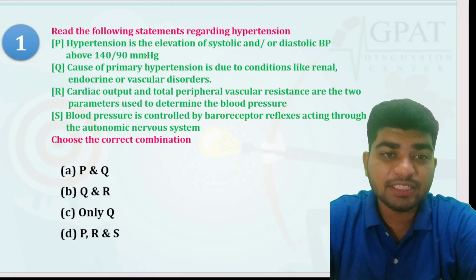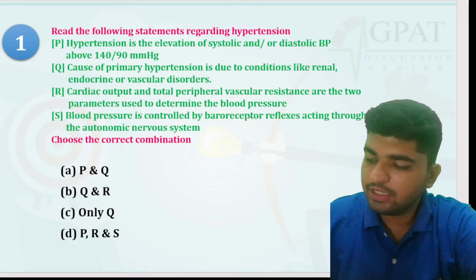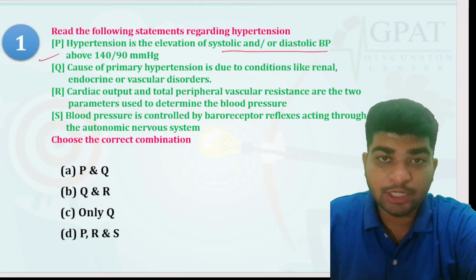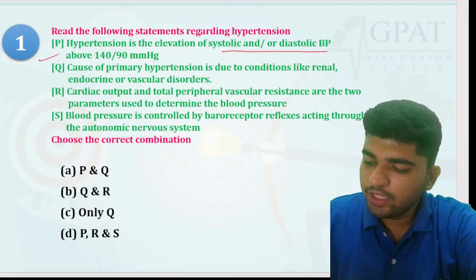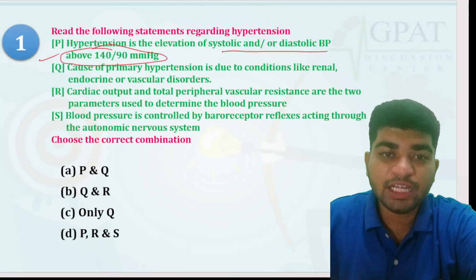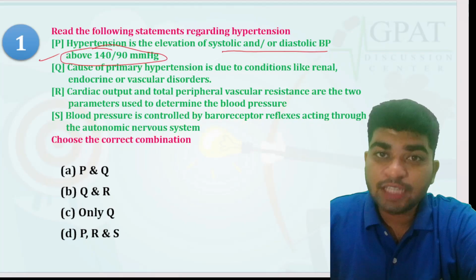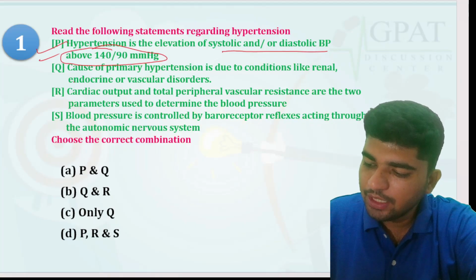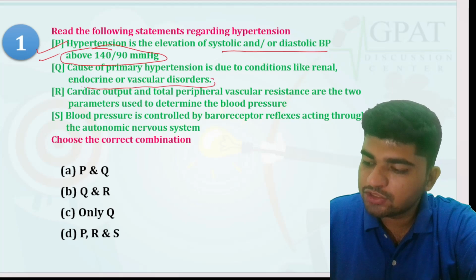The first statement says hypertension is the elevation of systolic and diastolic BP. That one is right. Whenever a patient has blood pressure around 140 by 90 mmHg or higher, that patient is considered hypertensive. So P is right. Q says the cause of primary hypertension is renal, endocrine, or vascular disorders.